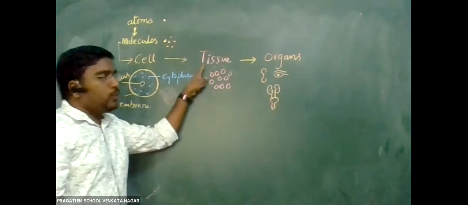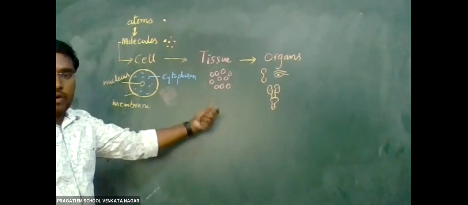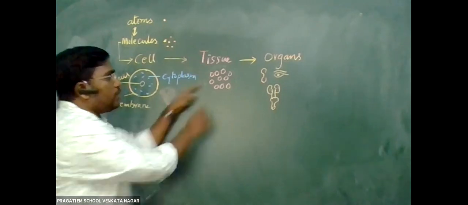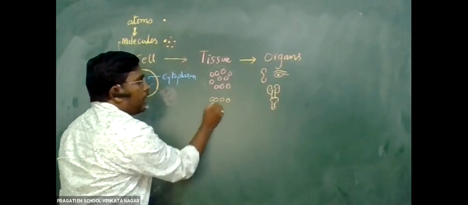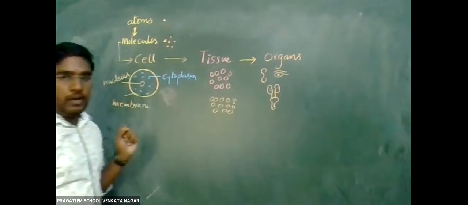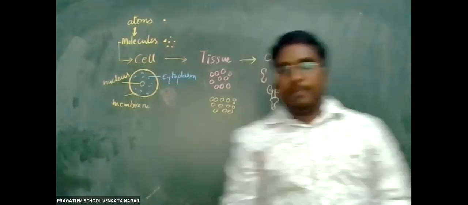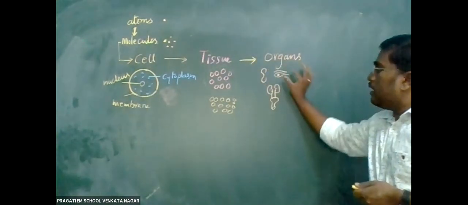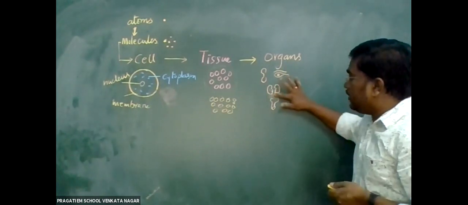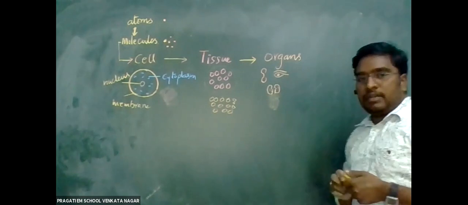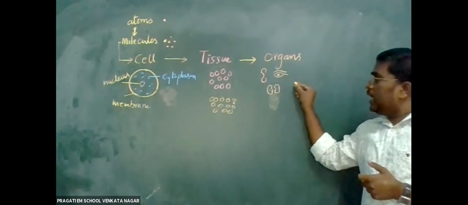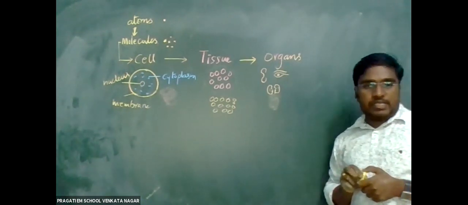These tissues are another level of organization. These types of tissues combine to form different types of organs. For example, in an animal body: ear, eye, kidneys, heart. These are the organs present in a living organism, isn't it?